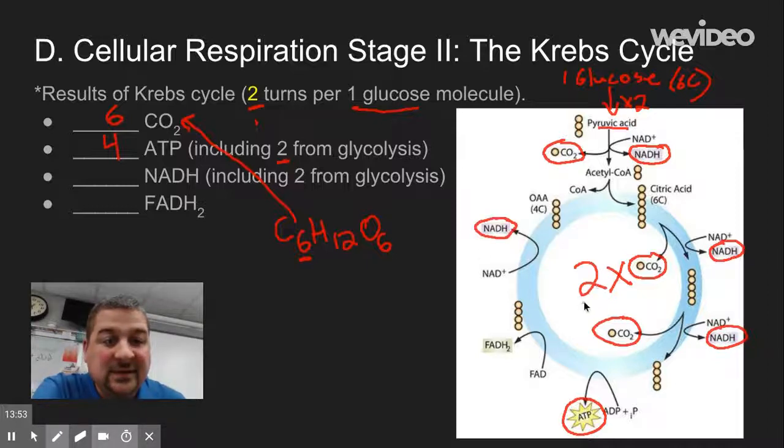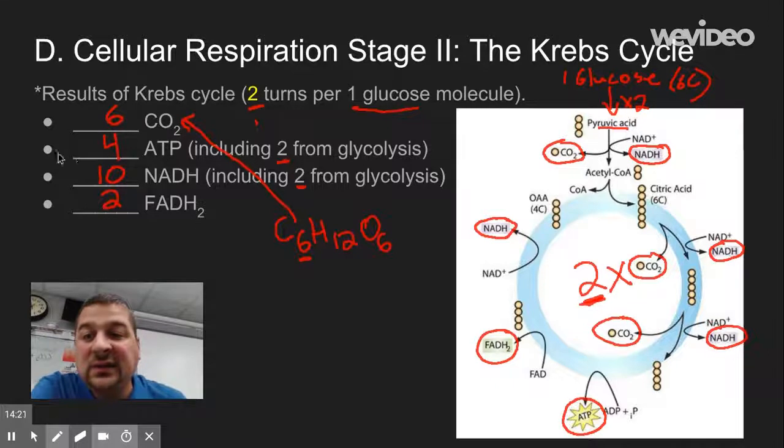Now this spins twice, so 4 times 2 is 8. Plus, you remember we had 2 from glycolysis, gives us per glucose 10 NADH. And these numbers will be important when we get to the next step and we look at how much total energy the glucose gives us. FADH2, we've got 1 here, and this happens twice, so that gives us 2 FADH2.